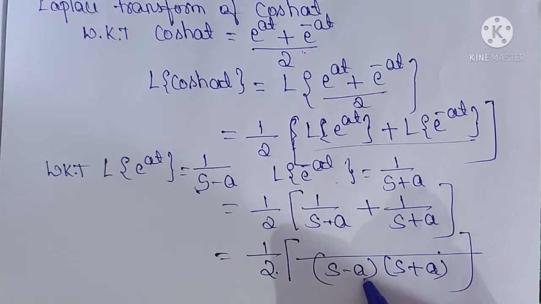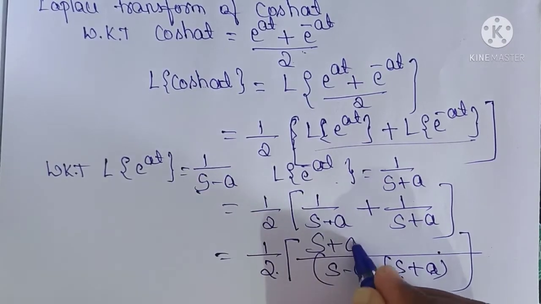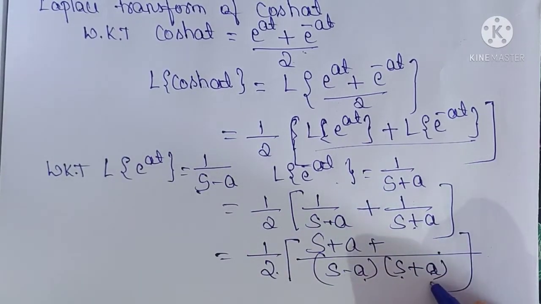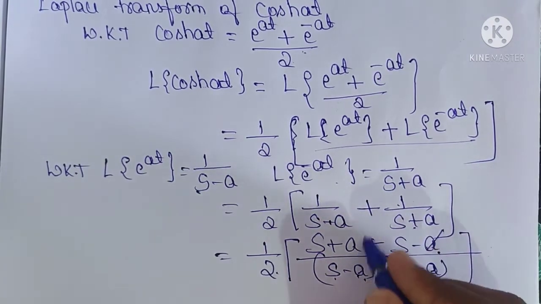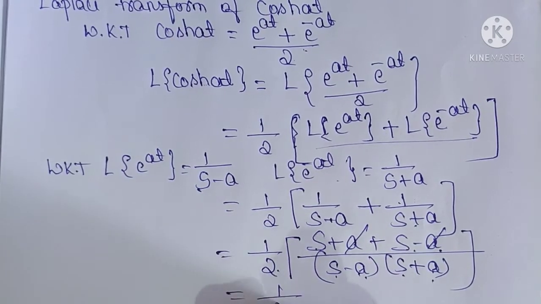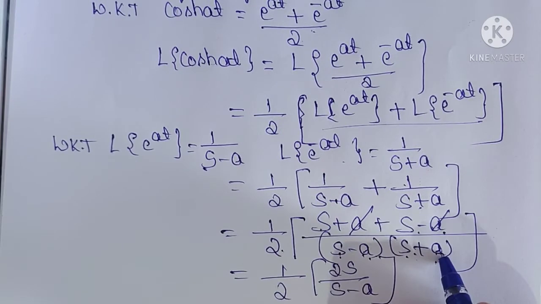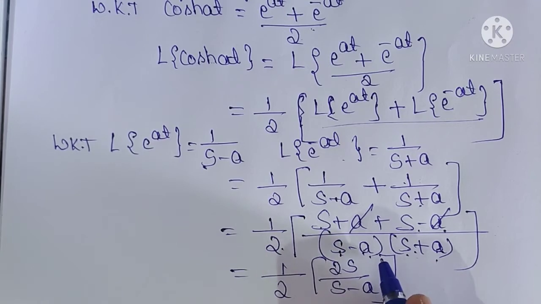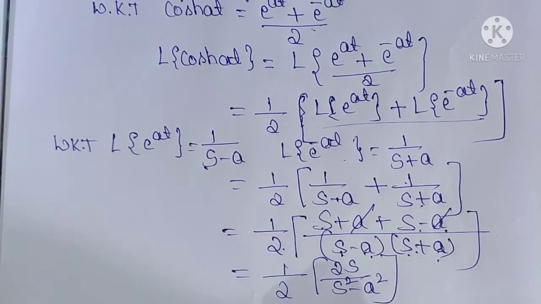Remaining (s minus a) gets cancelled, remaining (s plus a) into 1 is (s plus a). (s plus a) gets cancelled, (s minus a) into 1 is (s minus a), plus a and minus a get cancelled, s plus s is 2s, divided by (a minus b) into (a plus b), which can be written as a^2 minus b^2. Here (s minus a) into (s plus a) can be written as s^2 minus a^2.